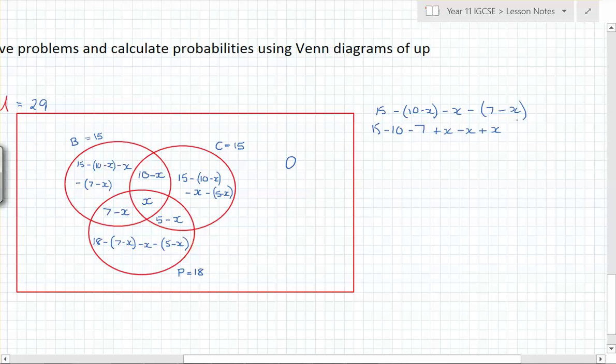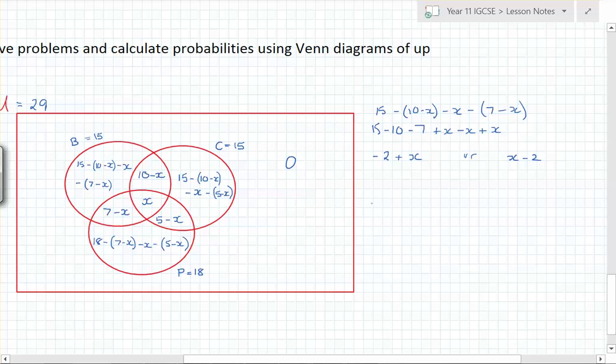Everyone happy with that? So that would be x minus 2.